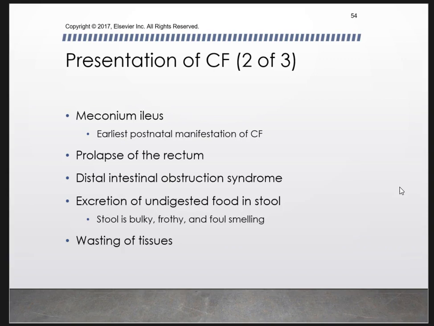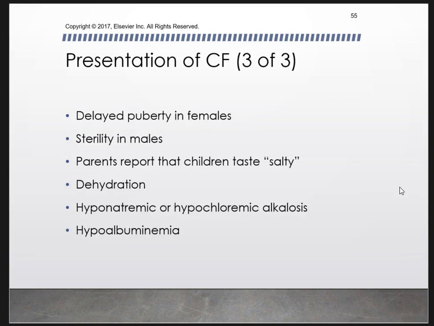It's bulky, frothy, and very foul smelling, because remember, their failure to thrive, and we talked about there's technically 3, but 2 big components of failure to thrive. Either they're not getting enough or their body's not using enough of the calories that they get. And in this instance, it's a malabsorption processing issue.